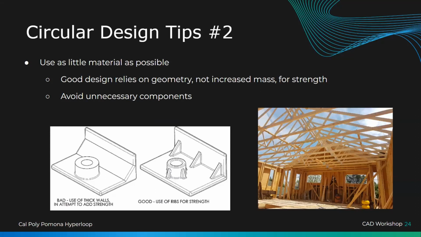It's not just about circular design, this is just good engineering. You can see right here the truss structure, that's this principle of geometry instead of mass. Same thing with these ribs right here. Instead of having all this extra material, you're just using a little bit for strength. Make sense? Okay. We'll get to the CAD modeling in a bit, I promise.